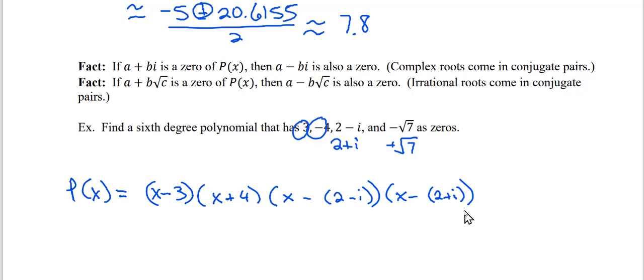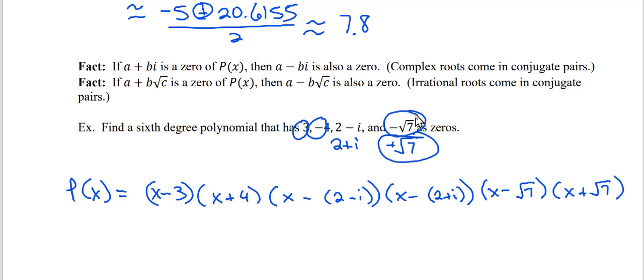I would not distribute that out. I'll show you why here in a second. The negatives here. We're also going to have x minus √7 and x plus √7. x minus √7 comes from this guy, x plus √7 comes from that guy.